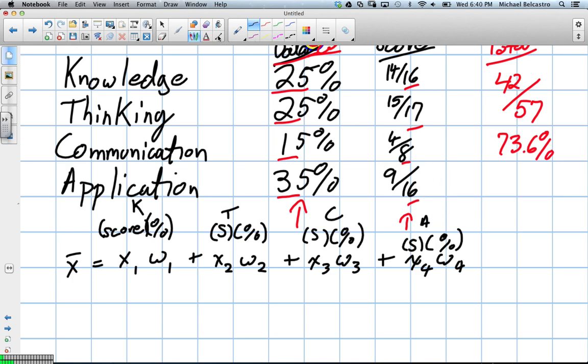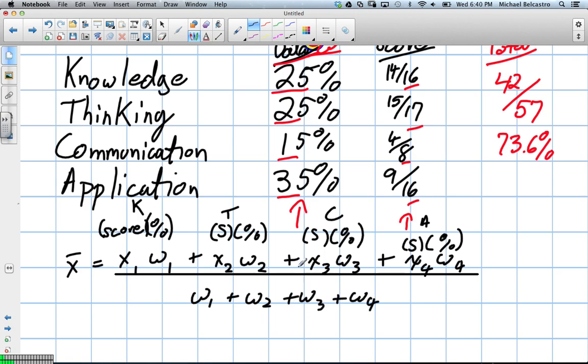But what's important here is we then have to divide everything by all of our weightings: W1 plus W2 plus W3 plus W4. Now the word percentage might seem confusing here, but the percentages are weightings here.